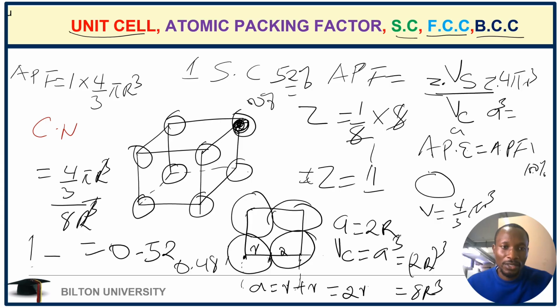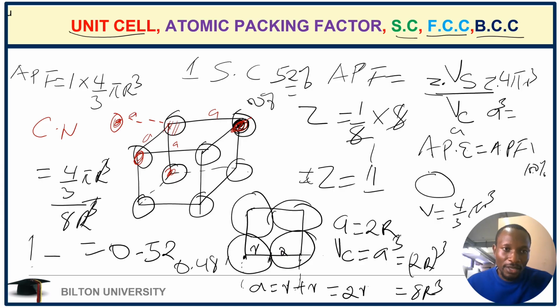So this is our unit cell, and if we were to take this atom at the corner, it is being neighbored by this atom here at this edge length. It is also bordered with this atom here in this edge length, and is also bordered with this atom here in this edge length. Because this is a unit cell, there are also other unit cells on the other side, and this atom on the left-hand side will be bordered by another atom at the same distance, and this is going to give us A.